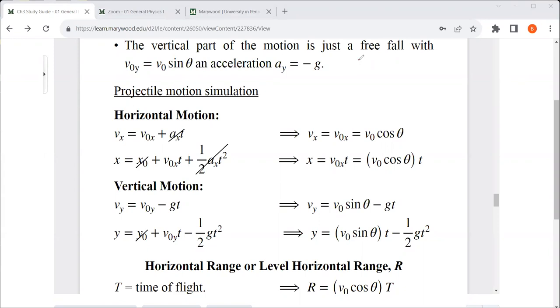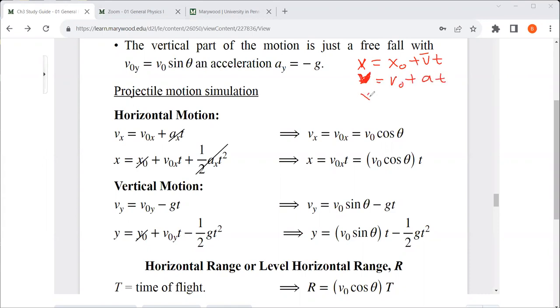The first equation was x equal to x0 plus v average t. The second one is v equal to v0 plus at.